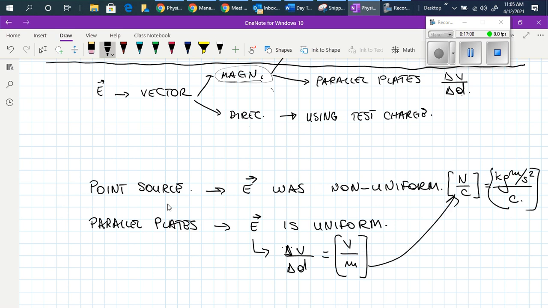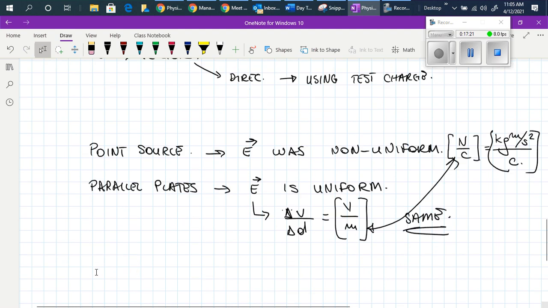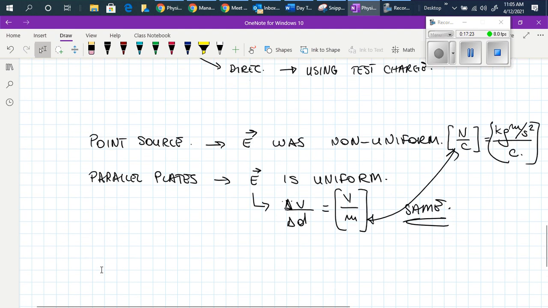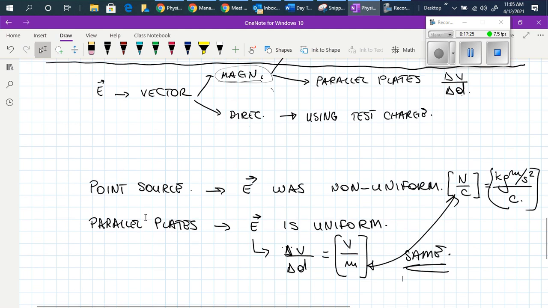Those two are the same. Even if you do the calculations, those two will be the same units.